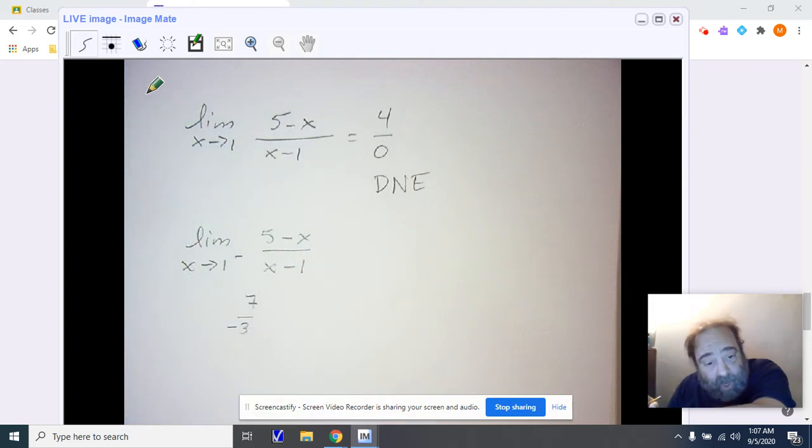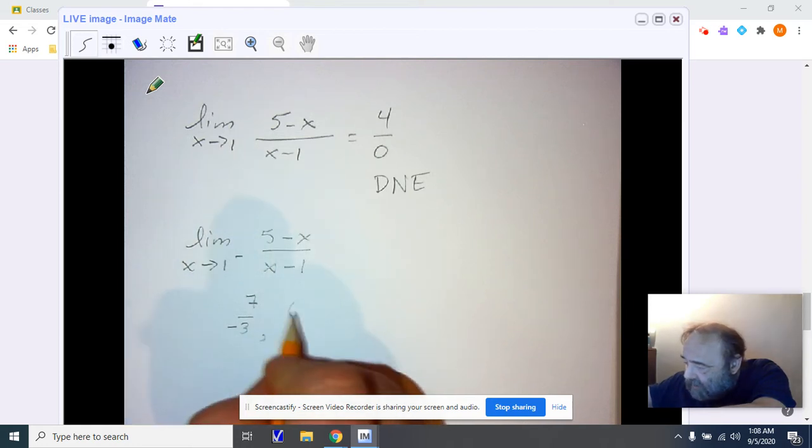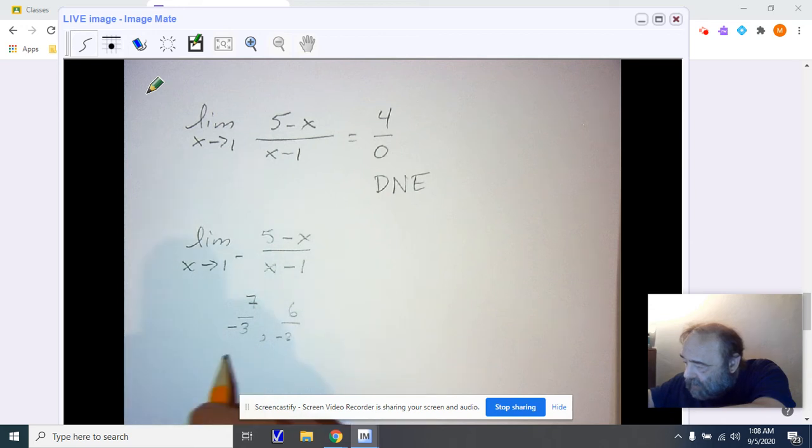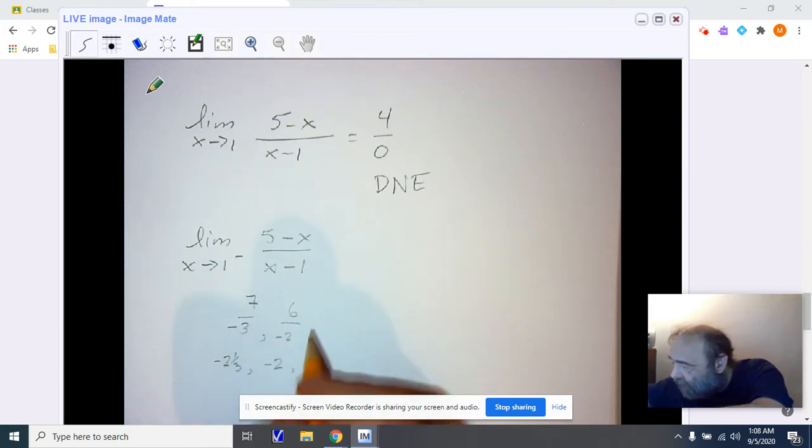Then we plug in -1. -1 is giving me a 6 on top and a -2 on the bottom. Notice this is approximately negative 2 1/3, followed by -2. This value is growing. Let's do one more. When we plug in a 0, we get -5.